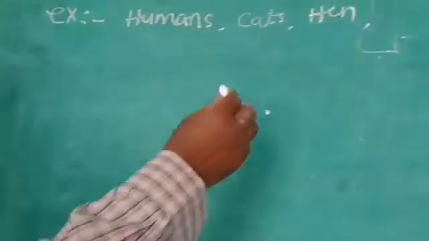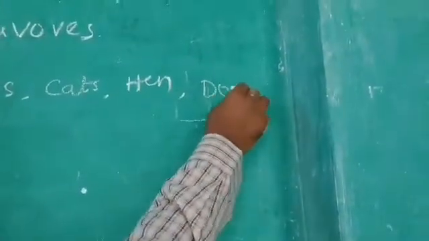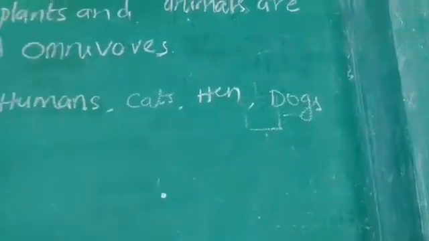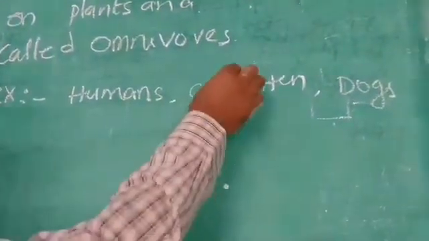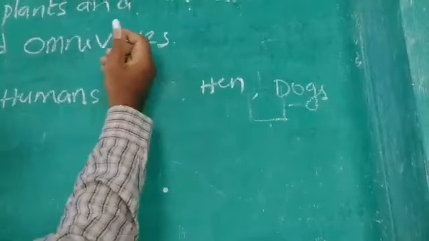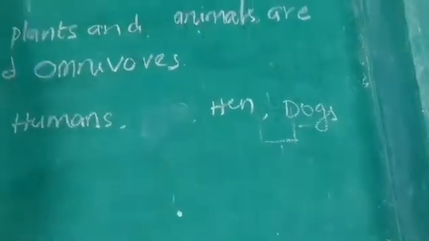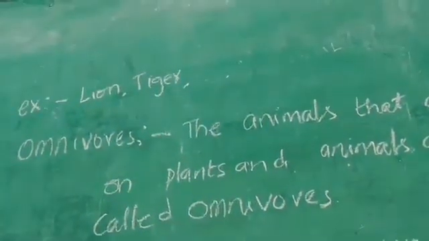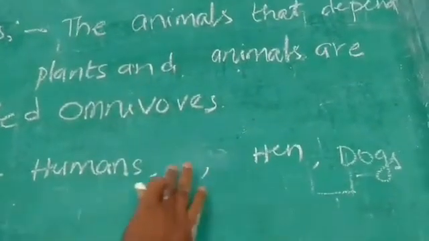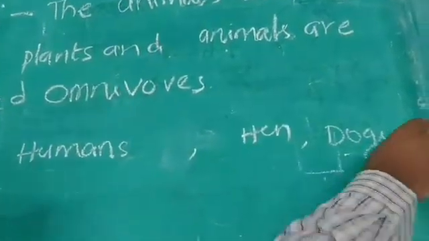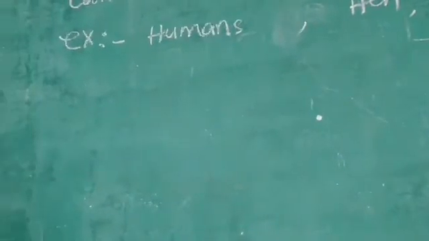Dogs. If this is not right, rub it out and write it where carnivorous is. If you have not seen it, then that is it. Yes, humans, hens, and dogs are there. Okay, those are the only ones.